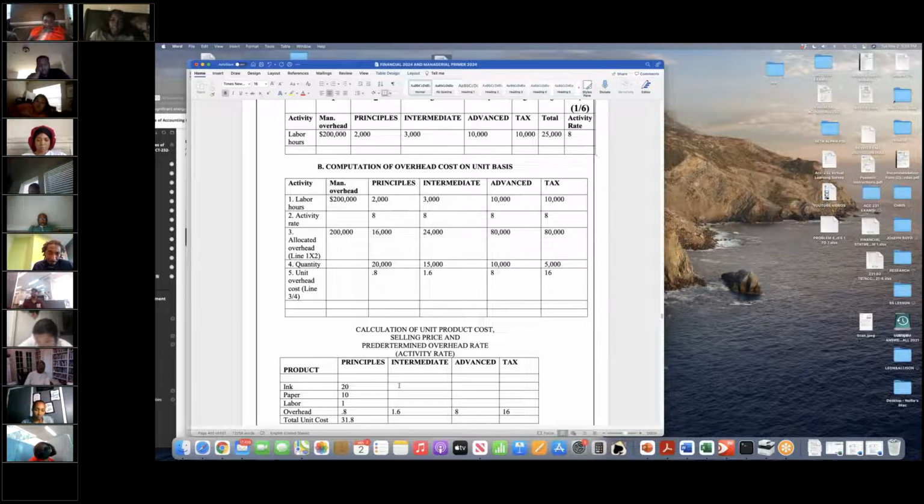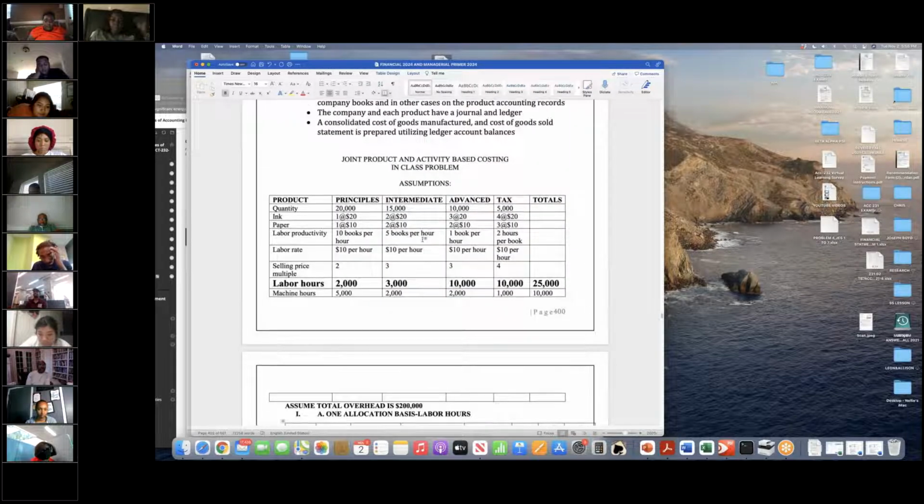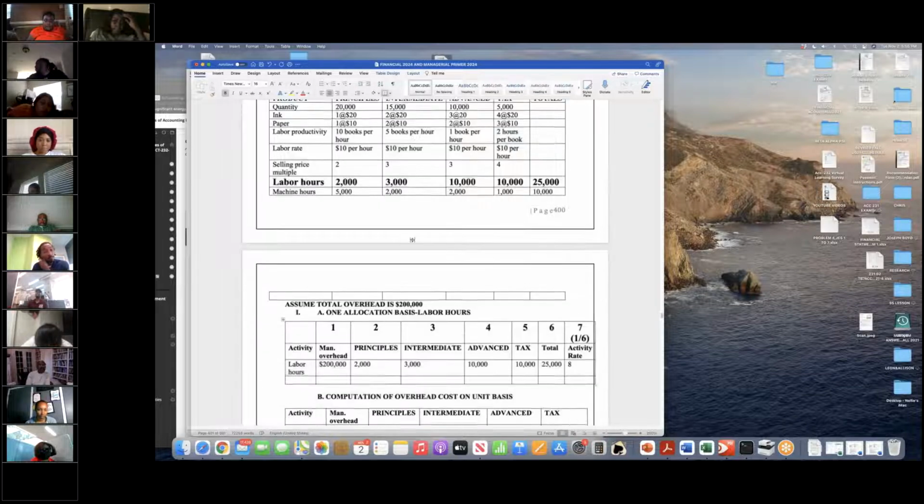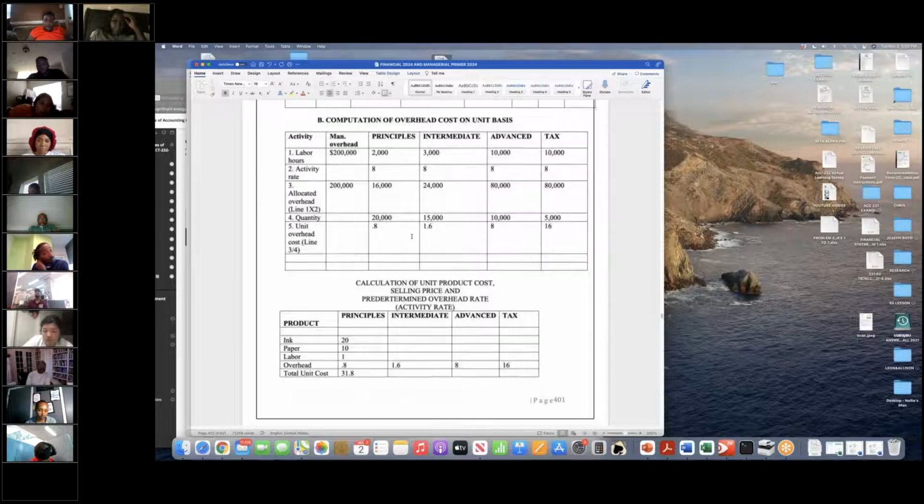40 for the ink. How much is the paper? The paper is 20. The labor? The labor is 2.